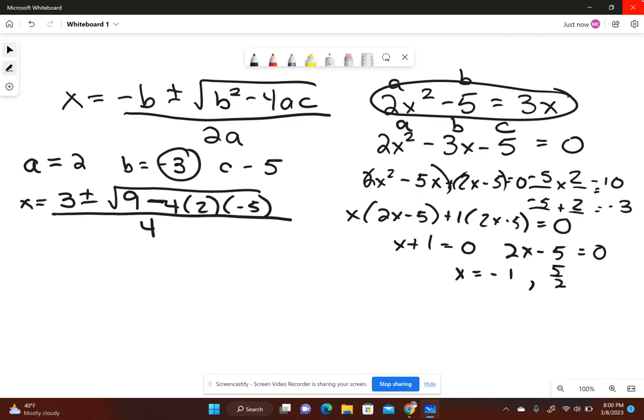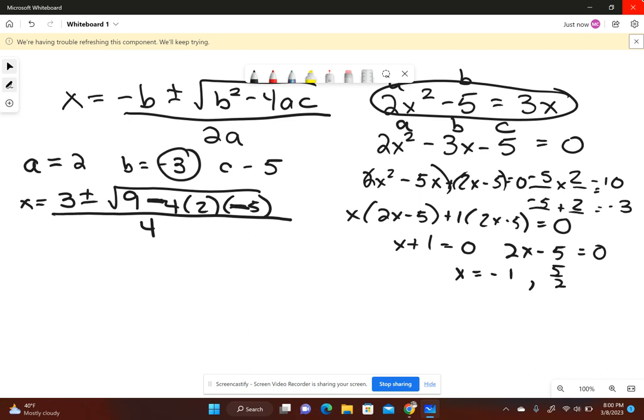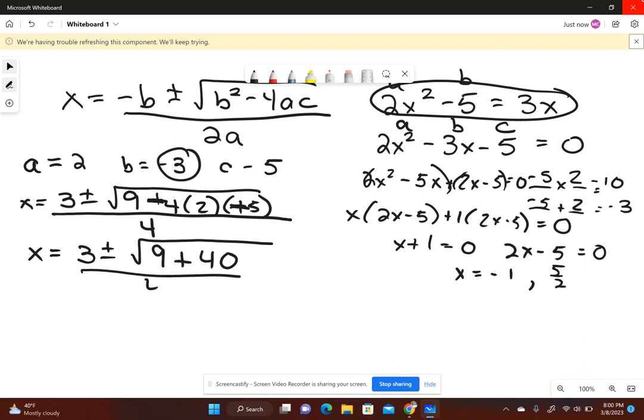Now, whenever you have this situation where it's minus and a negative, it becomes plus. So this becomes x equals 3 plus or minus the square root of 9 plus 4 times 5 is 20, times 2 is 40, all over 4.